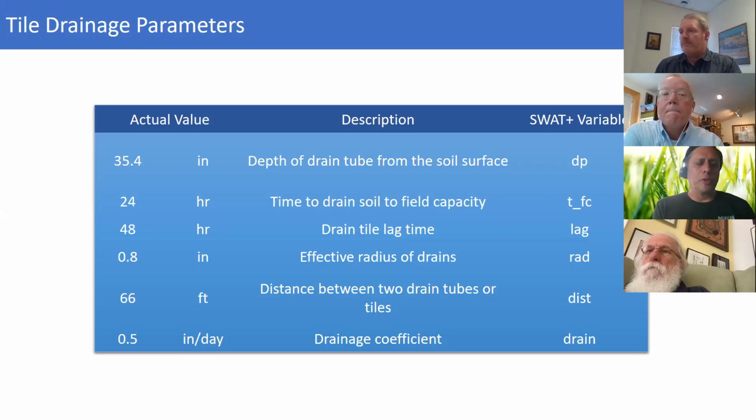And the drainage coefficient is more a parameter that's used for how fast it can drain in terms of inches of water per day. So again, if you have any thoughts, we'd love to hear about them and get feedback on these, because tile drainage actually plays a very important role in how water moves through the system, because it is an important component of the hydrologic cycle. Let me interject here.